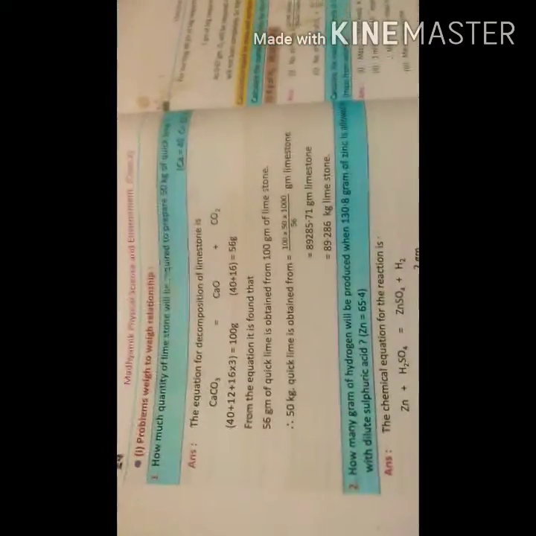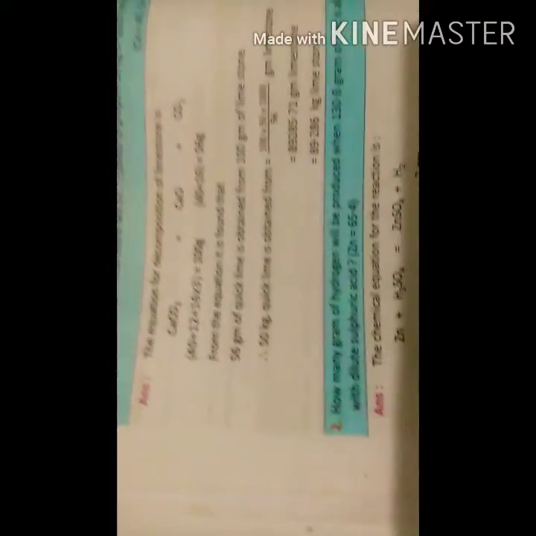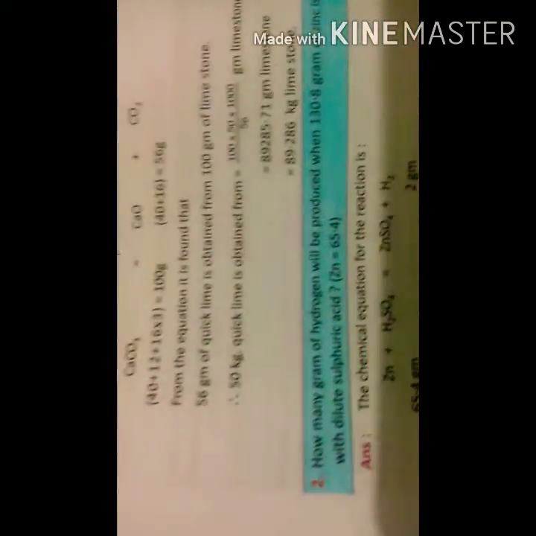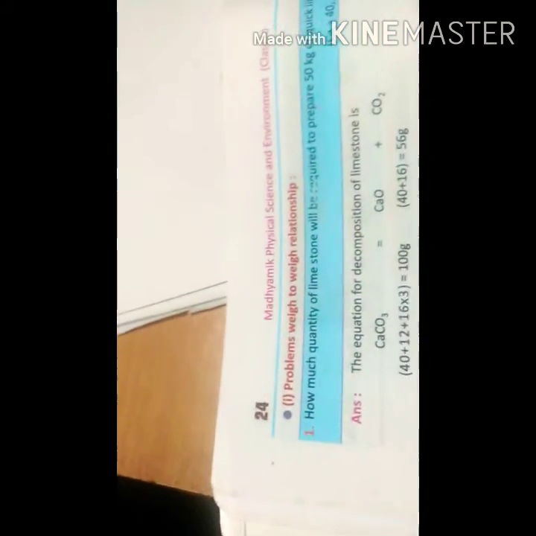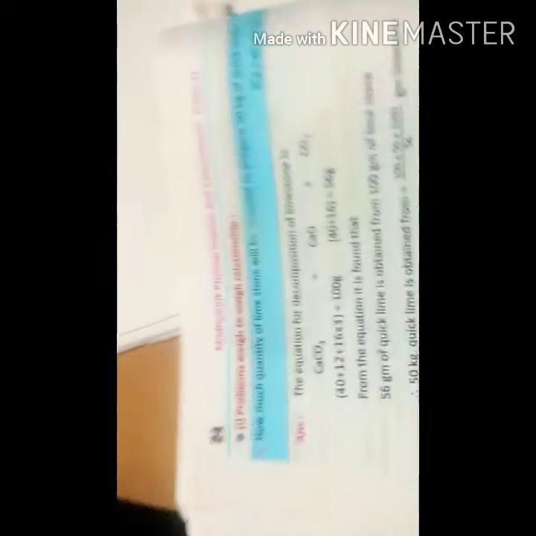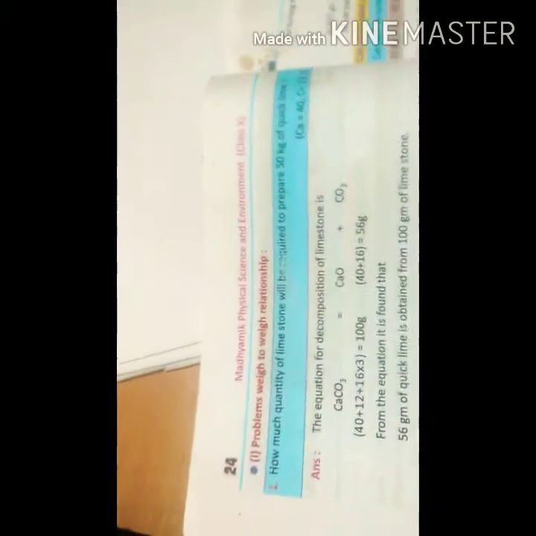Now, what is molecular weight? Similarly, molecular weight is the relative mass of any molecule, that may be of element or compound, with respect to one hydrogen atom's weight. As for example, the molecular weight of H2O is equal to 18.